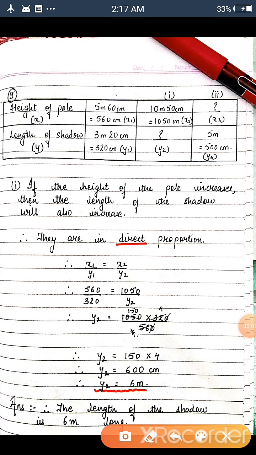Let's come to question number 9. A 5 meter 60 centimeter high vertical pole casts a shadow 3 meter 20 centimeter long. Find at the same time the length of the shadow which will be cast by another pole that is 10 meter 50 centimeter high, and the height of a pole which casts a shadow of 5 meters.